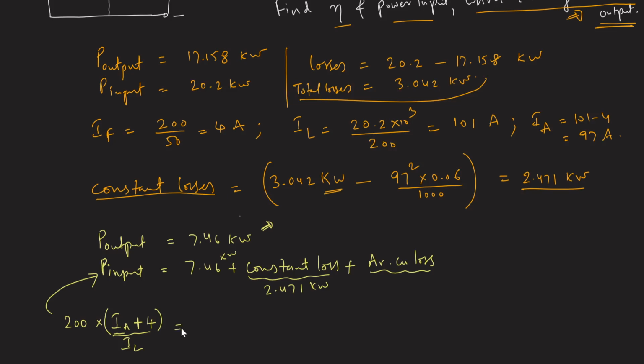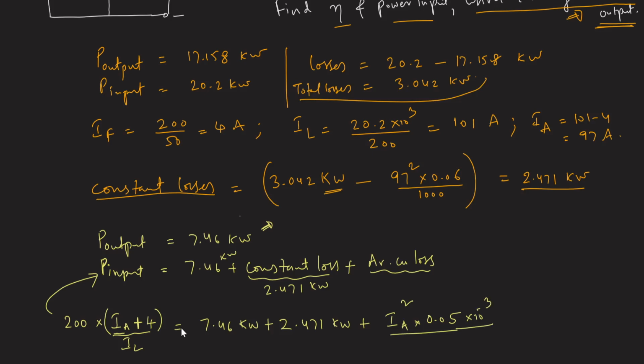Now this input power is also equal to the output power plus constant losses plus armature copper losses. Armature copper loss is Ia squared into 0.06 divided by 1000, or into 10 to the power of minus 3. This is in kilowatts.